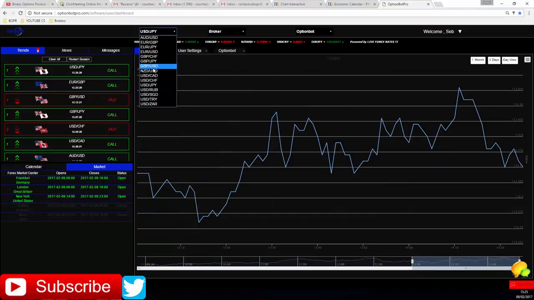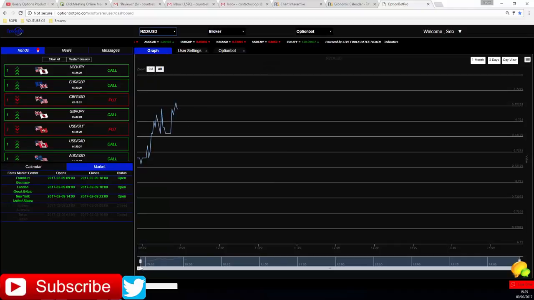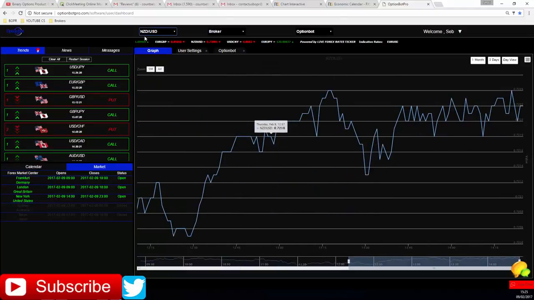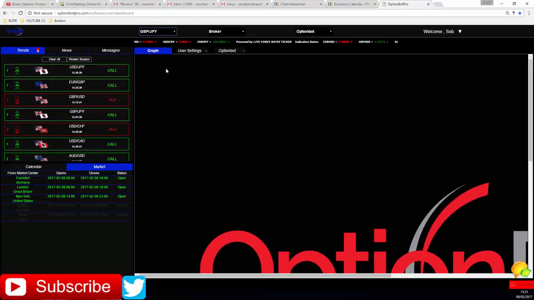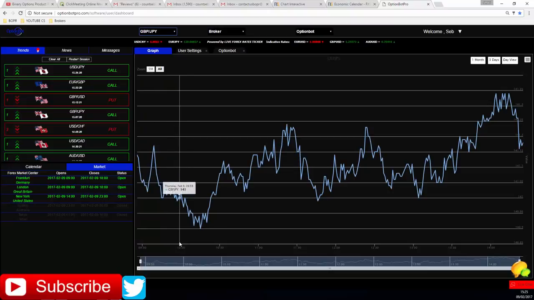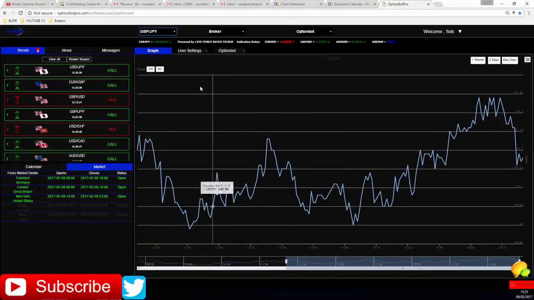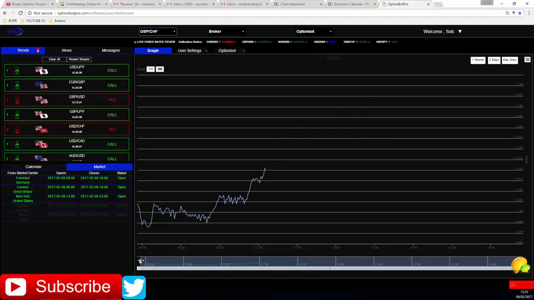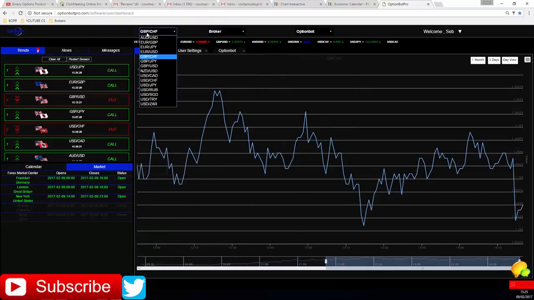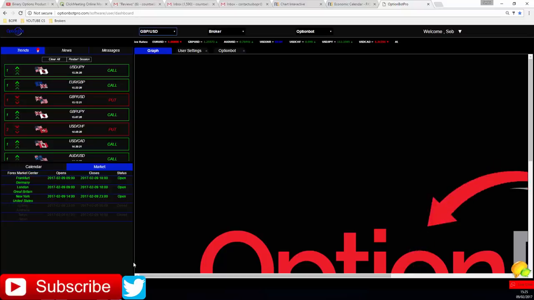Going down. NZD USD. Hit a blank point. Unless it's just a USD currency pair. I think it's just a GBP. You know? I honestly think it's just, yeah, the GBP's just melted.